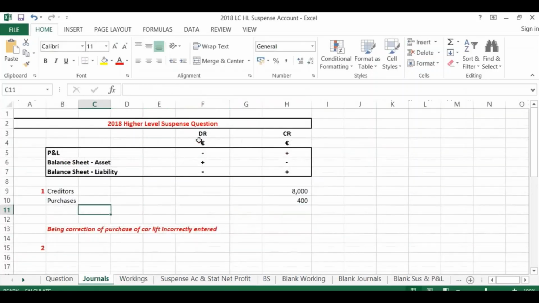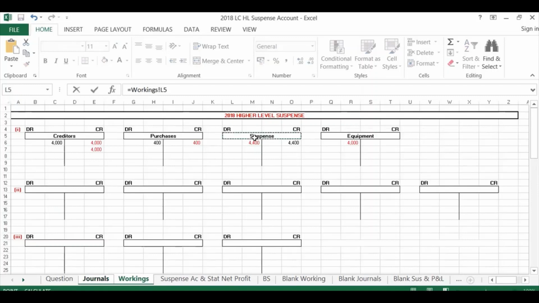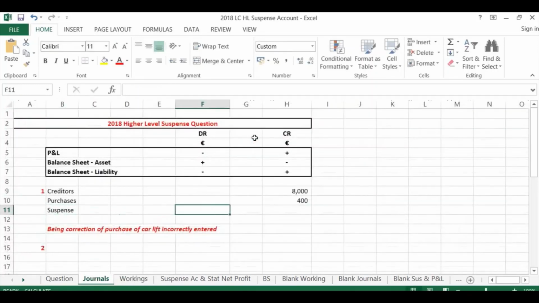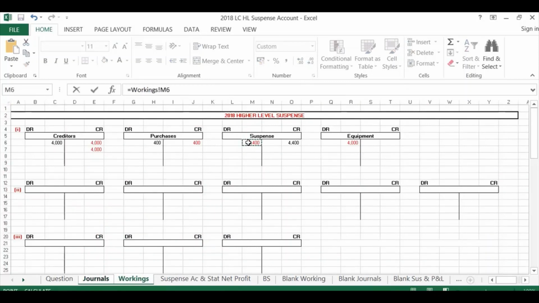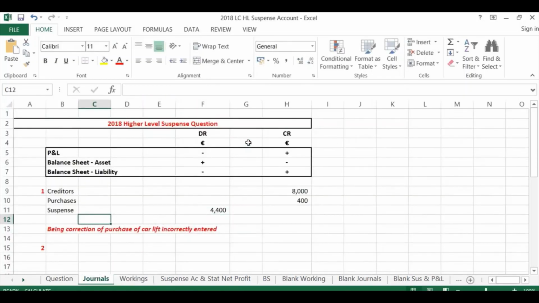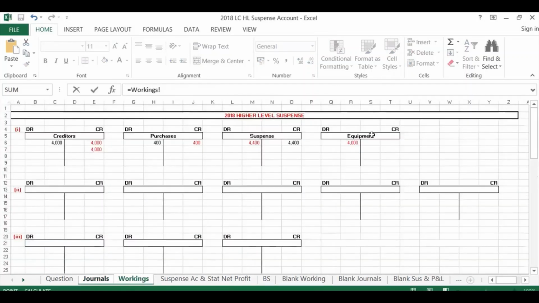I'm going to debit suspense with 4,400. And finally, I'm going to debit equipment with 4,000.